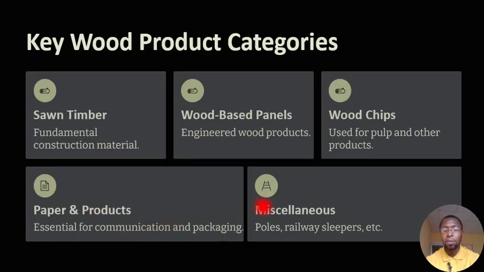Then miscellaneous, other purposes. We use wood in making poles, poles that we use for our electricity. We use it in making railway sleepers and so on and so forth. So wood product categories are in different forms. Okay, these are just some of the list.